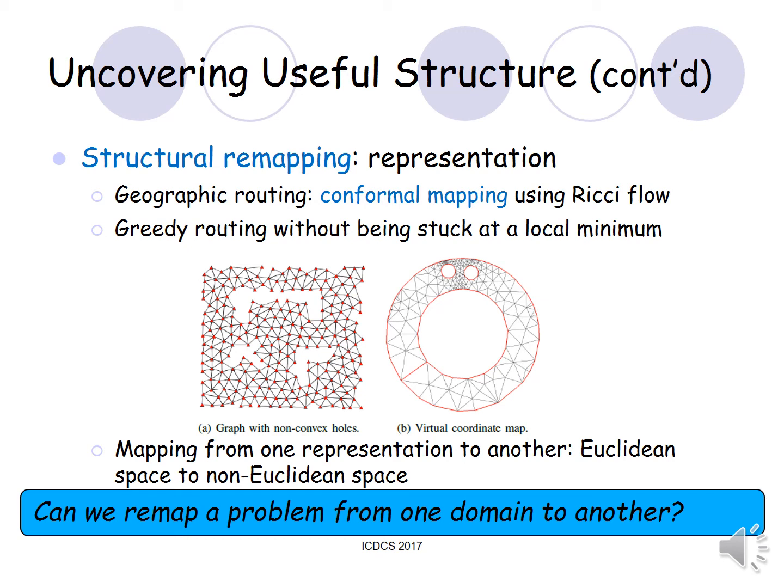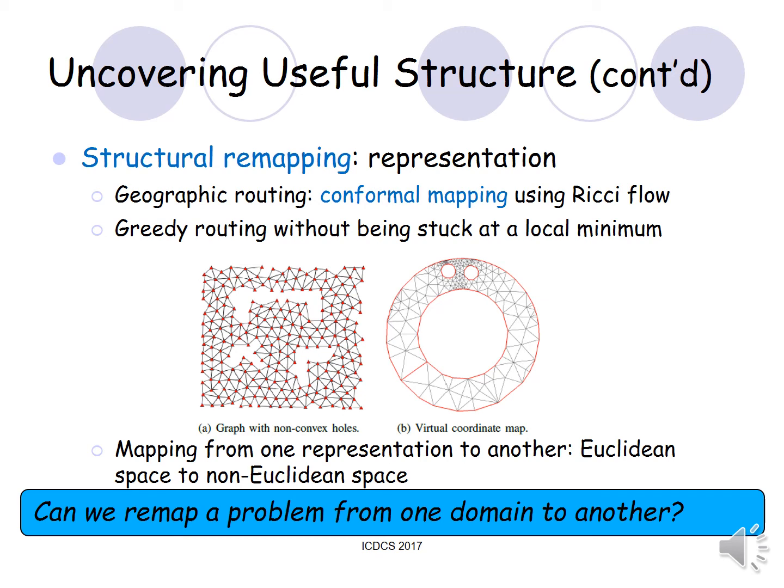One way to handle this is to use a new representation through mapping. This is called conformal mapping using Ricci flow. You can see the diagram from left towards right.